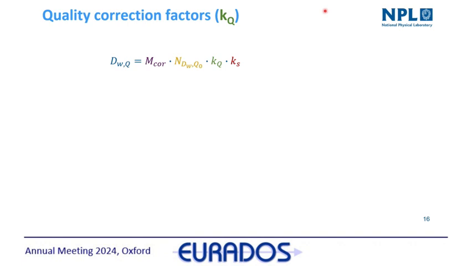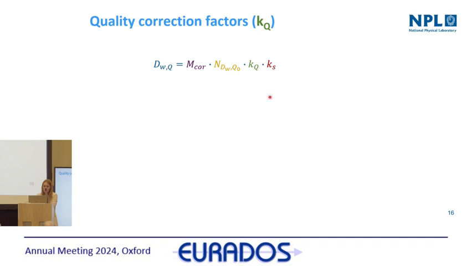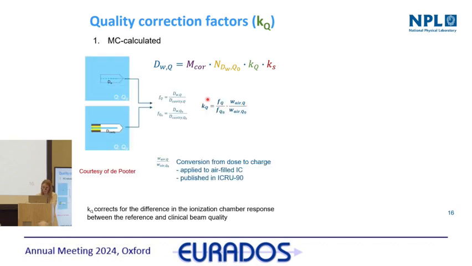I'll go back to ion recombination in a moment, but I want to just bring up the other factor that is important for reference dosimetry from the point of view of the TRS-398 formalism, the KQ factor, which is the factor correcting for the difference in the ionization chamber response between the reference and our clinical or user beam quality.